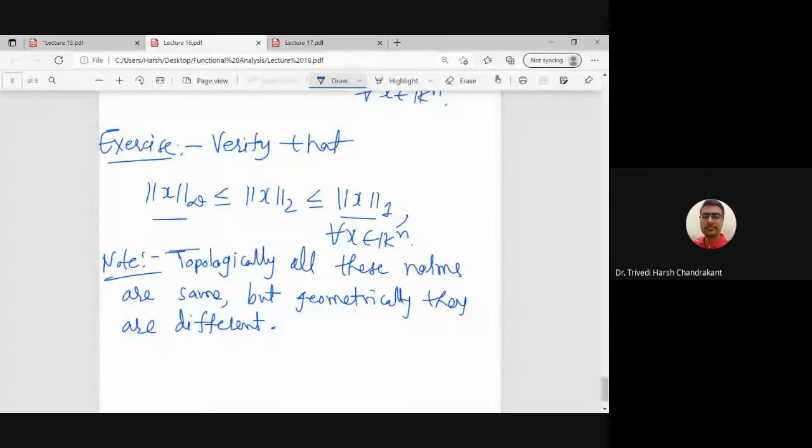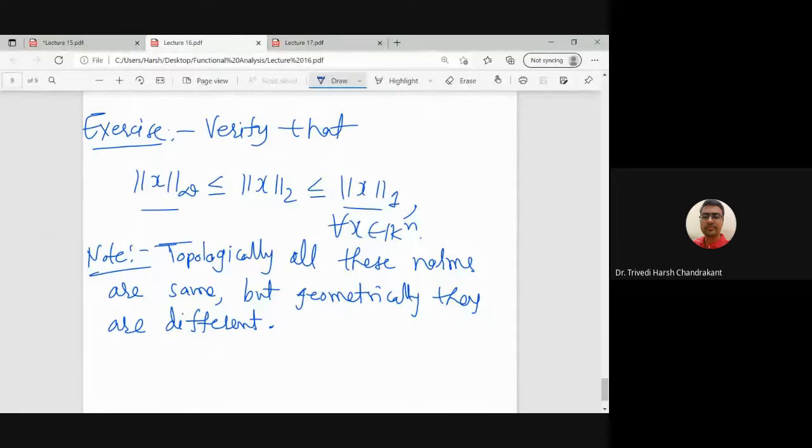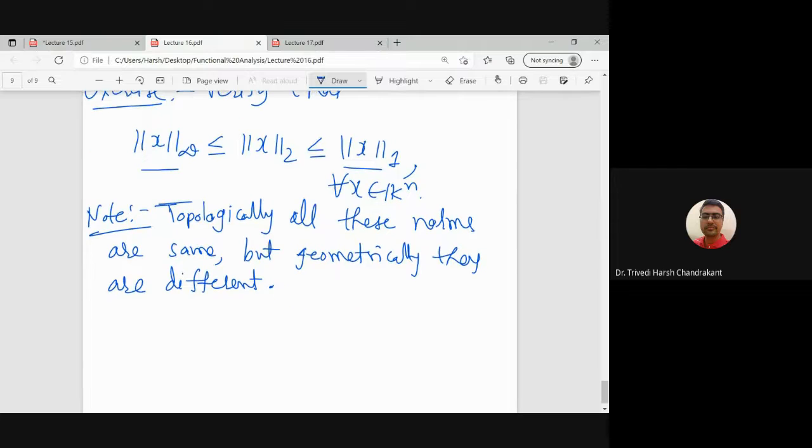Okay, so now we are going to use all these things to study certain results for continuous maps. So let us come back again to continuity in non-linear spaces.